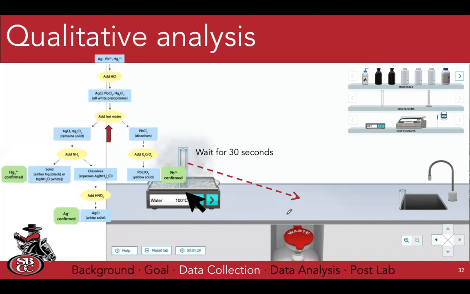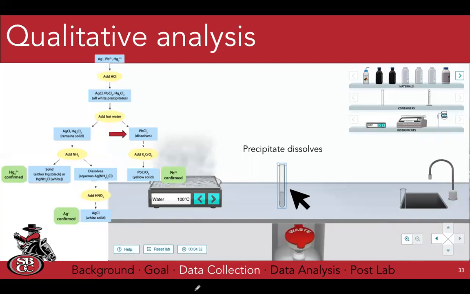But if you know after 30 seconds, say, I take it out and the precipitate has dissolved, well then next time when it's unknown, I'll wait 30 seconds and I'll take it out. And if I see a precipitate there, I will say I know confidently that there's probably not lead here. Of course, what I'm going to say today is the absence of something doesn't confirm it. So we need one more step.